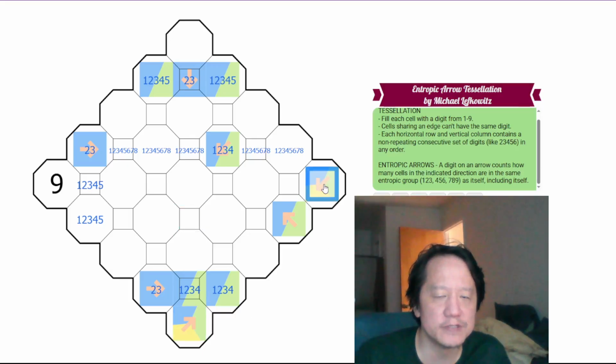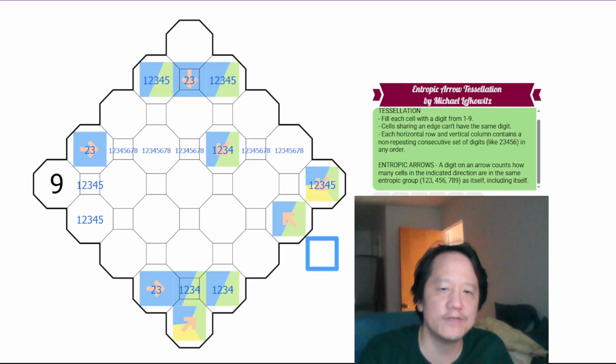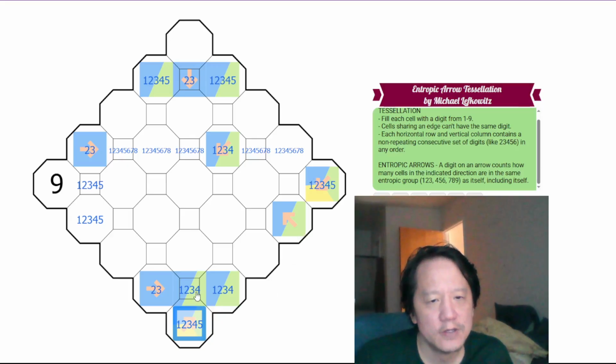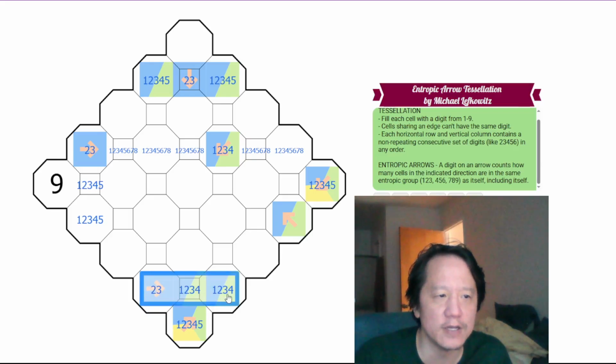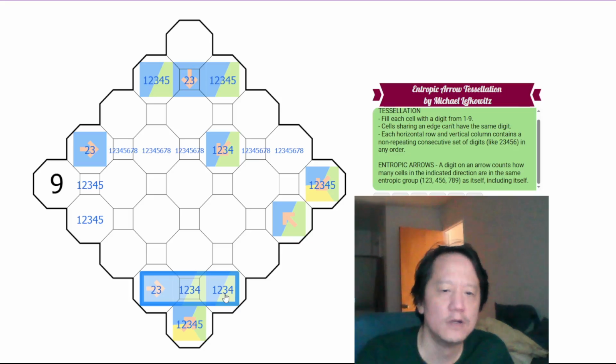This is the same as that, so this could be 1 through 5 here. This is 1 through 5. So if we are guaranteed 2 and 3 have to be in this row here, this cannot be 2 or 3.